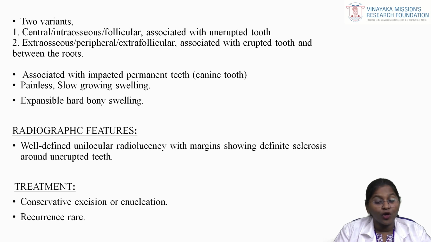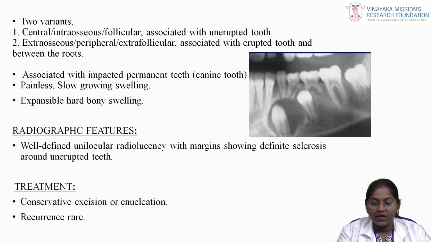There is a well defined unilocular radiolucency with margins showing definite sclerosis around the unerupted teeth. Treatment: recurrence is rare, so conservative excision or enucleation is more than enough. The radiographic feature is that here it is associated with unerupted teeth. It is of the intraosseous type, and the extraosseous type is mostly between the roots.